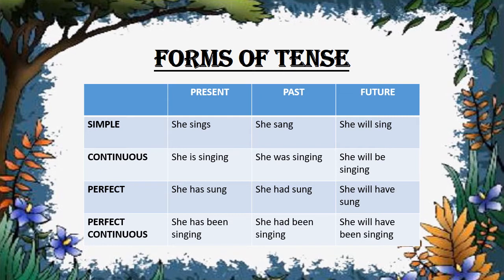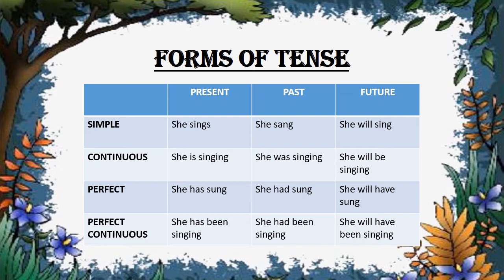If a base form alone is used or s is added along with that base form, you can keep in mind that it represents the simple form. So in simple present, the verb will come in this manner.